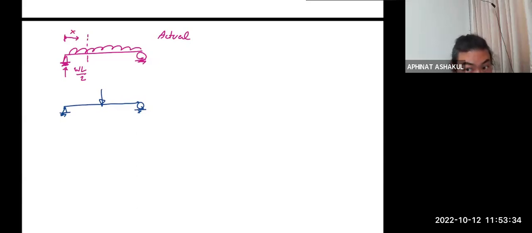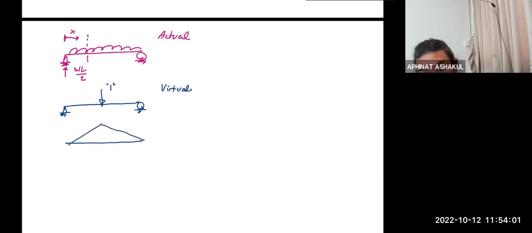Before we start off, let's take a look at the problem as a whole. This is the virtual case. That is the unit load. If you look at this beam, you know your bending moment diagram looks like this, right? Point load, bending moment diagram.